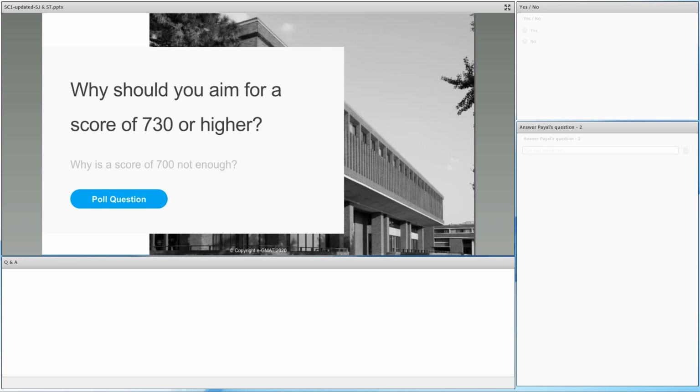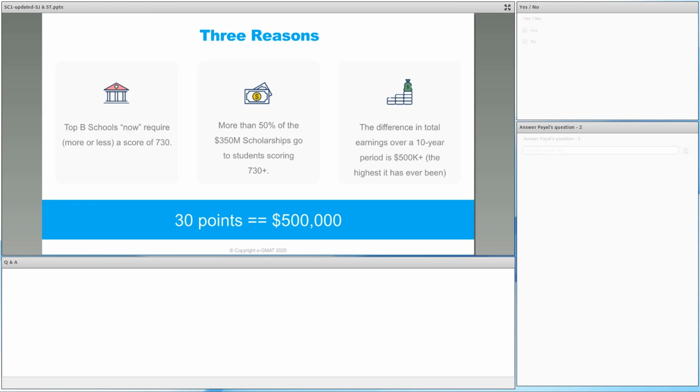And let's now look at why you should aim for a 730 score or a higher score, right? Basically, there are three major reasons why you should be aiming for a 730 plus score today. What I'll do is I'll also take the pen so that I can annotate and hide out the palette.